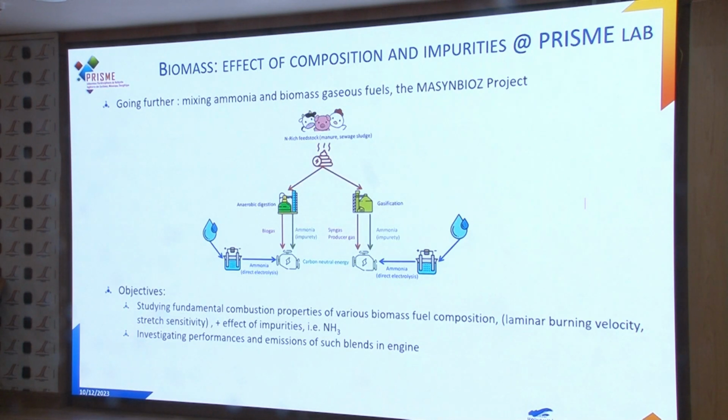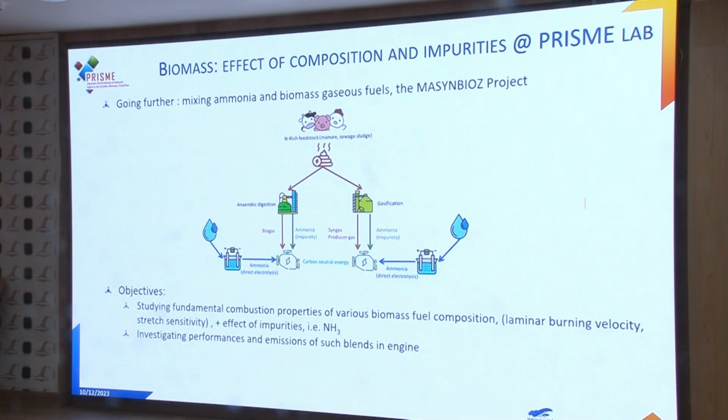Okay, so how do we investigate those properties, those mixture in our laboratory? So we had a small project that enabled to find a bit the activities. So the idea is that when you have nitrogenous rich feedstock, you can either gasify them or use anaerobic digestion. From the first one you will get syngas or producer gas and a bit of ammonia.